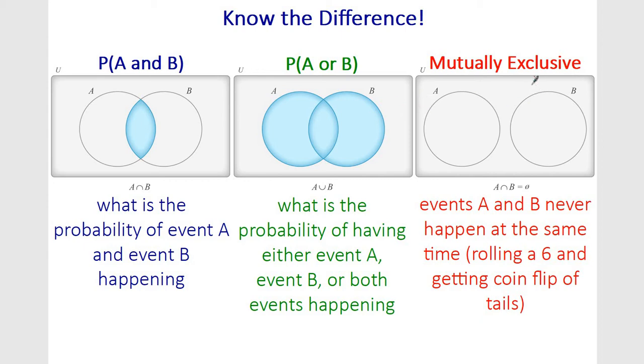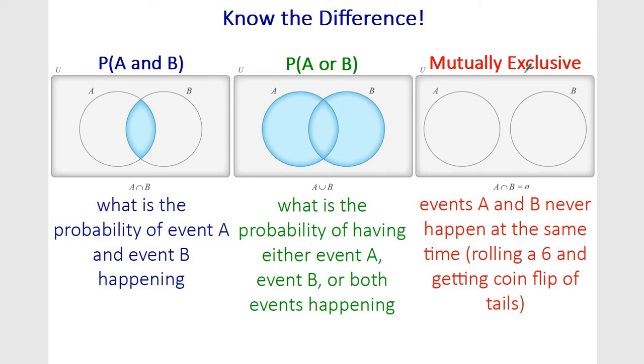Now, mutually exclusive. You've got to know these terms. It's very important. It's going to be thrown at you all the time in statistics. Mutually exclusive means the events do not overlap. They can never happen at the same time. Rolling a 6 and getting a coin flip of tails, they don't have anything to do with each other. I can roll a die and get an even number or a 2.